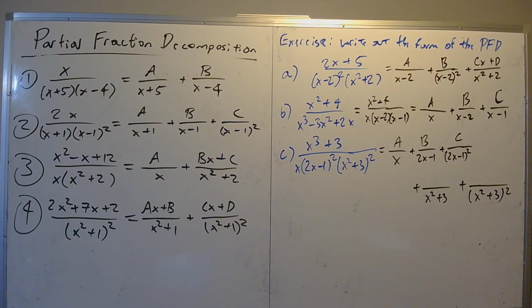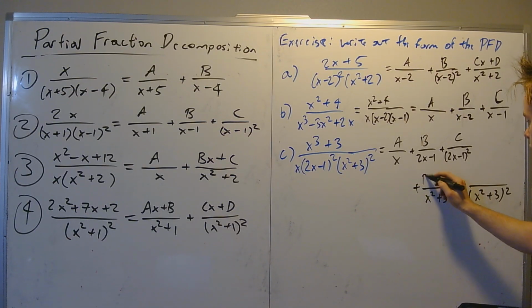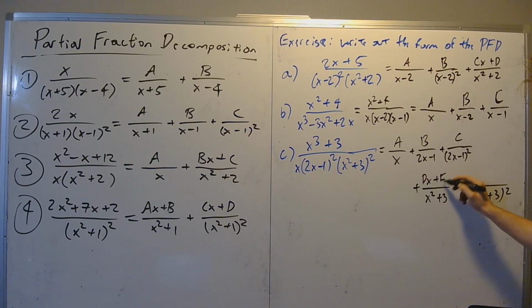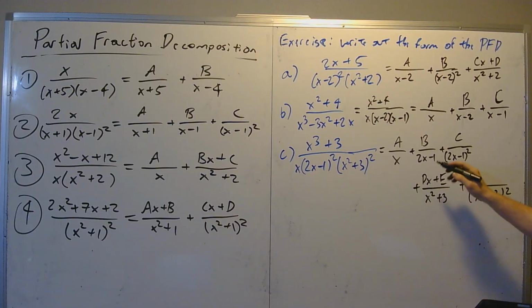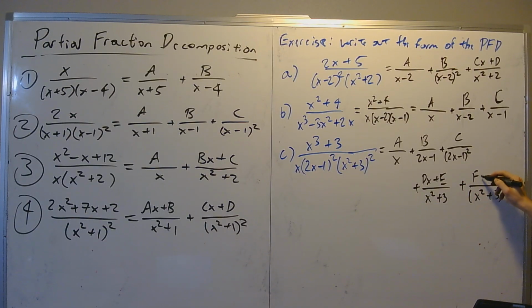This thing is quadratic, so we've got dx plus e, and then so a, b, c, d, e, f, and g. Okay. Right, so that's how you would decompose all of these using partial fraction decomposition.